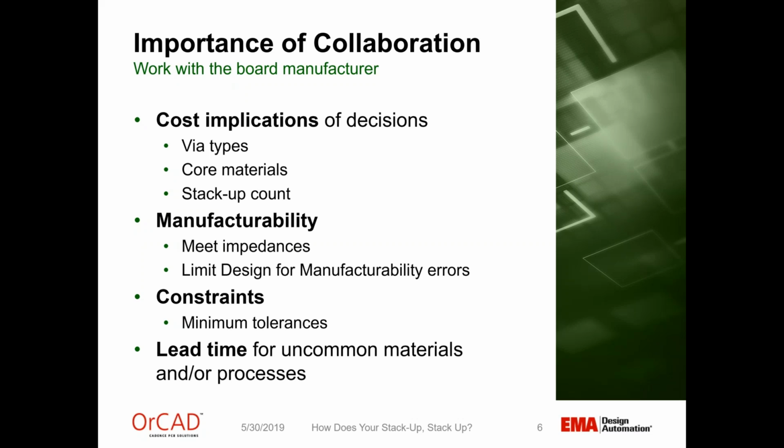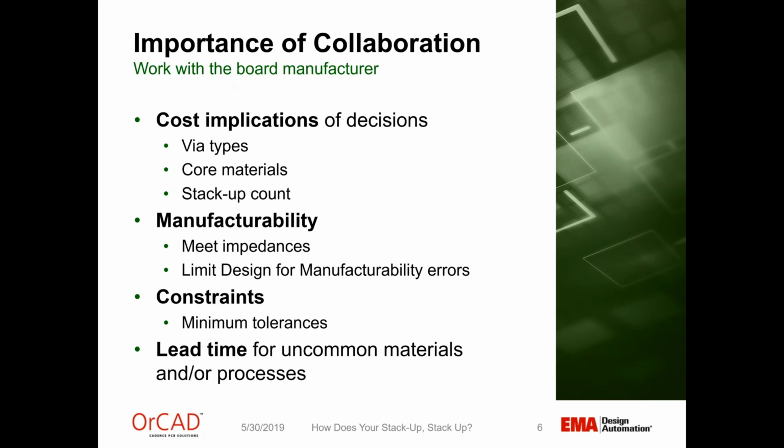Lots of them are around cost implications, so what type of vias you can use, what type of core materials you want to use, what your stack up count is going to be, if you're going to use blind and buried vias, if you're going to do back drilling, if you're going to do embedded components, if you're going to do rigid flex. All those types of things have cost implications, and you want to make sure to minimize the cost while maximizing the amount of productivity that you're going to be getting from your board.